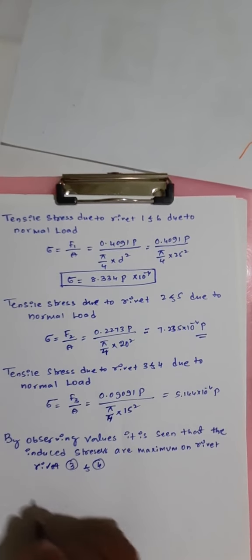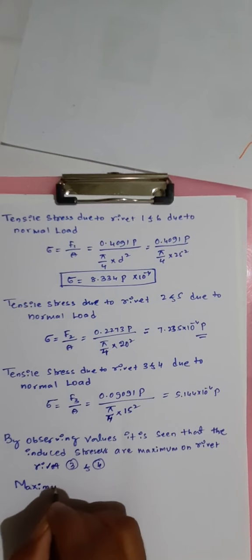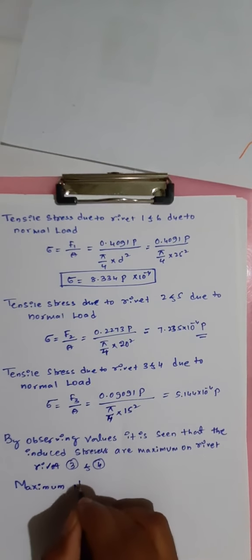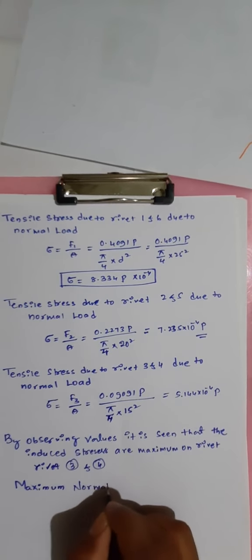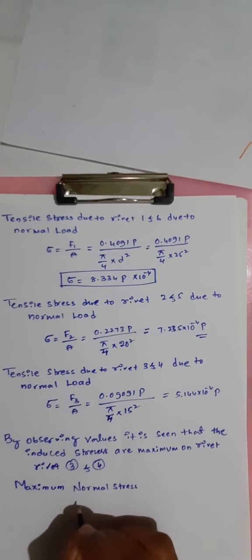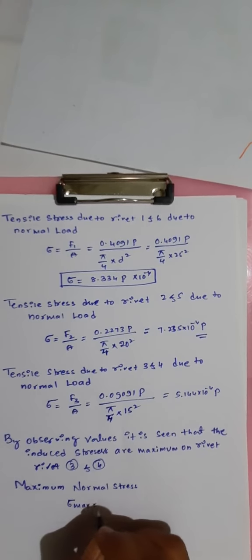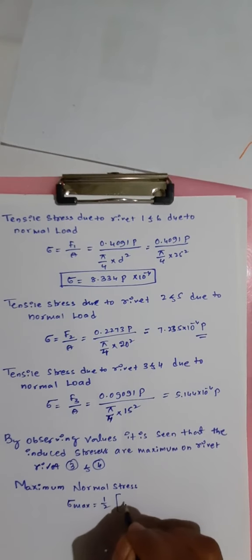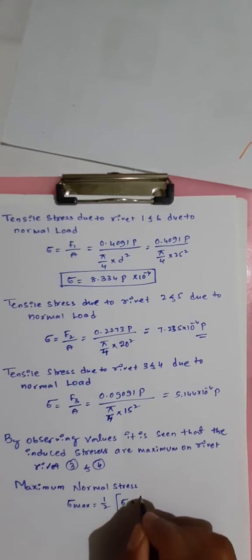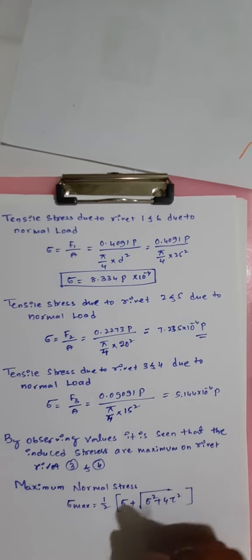So the maximum normal stress, sigma max, is equal to half into sigma plus square root of sigma square plus 4 times tau square. This is the equation we already know.